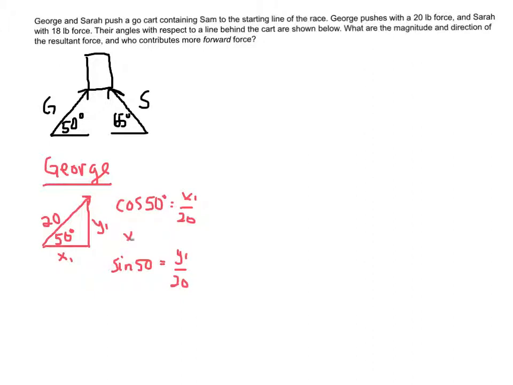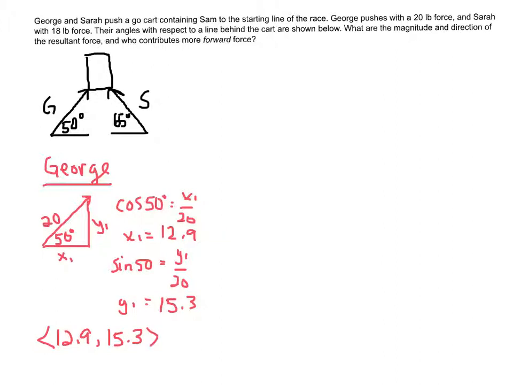So I'll type these into my calculator, and I get 12.9 for x1, and I get 15.3 for y1. So for George's vector, he's pushing 12.9 pounds of force in the horizontal direction, and 15.3 pounds of force vertically.